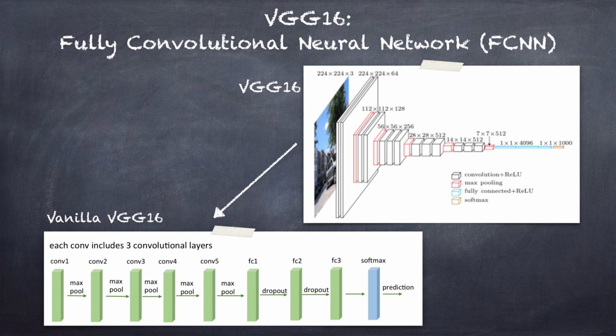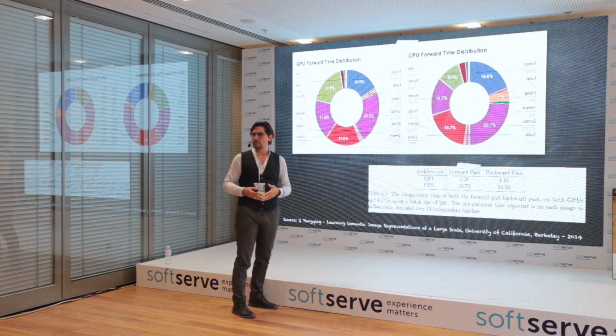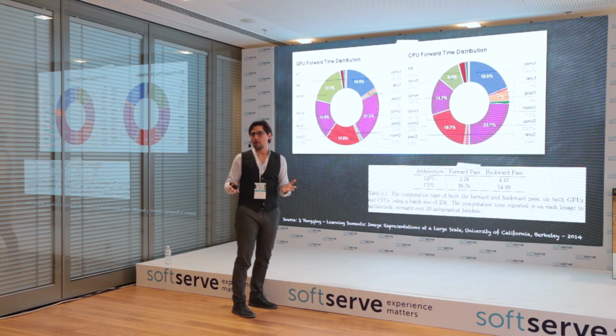All right. So if you want to compare the percentage of time required for computation in a VGG network, with GPU forward time distribution, so this is just for the forward pass, GPU and CPU, you end up realizing that for the CPU on the right-hand side, the percentage of time spent in computation is more or less equal across all the different blocks.